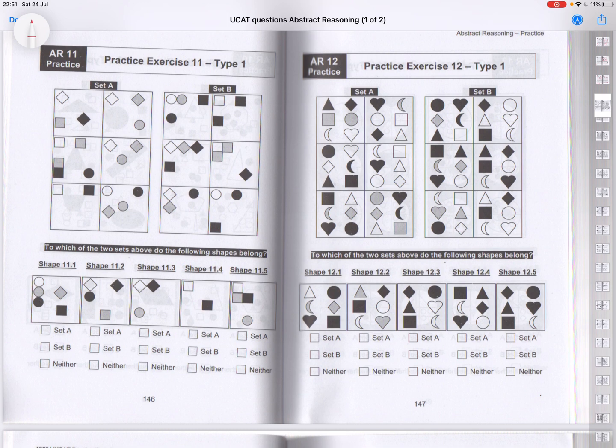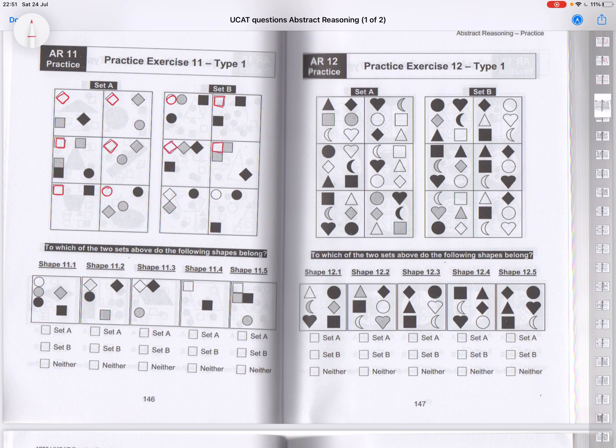We've got to look straight away to see what each set has in common with itself to start off with. The only distinguishing feature that I can pick out is that they've all got a clear object in the top left hand corner, and the same is true in set B.